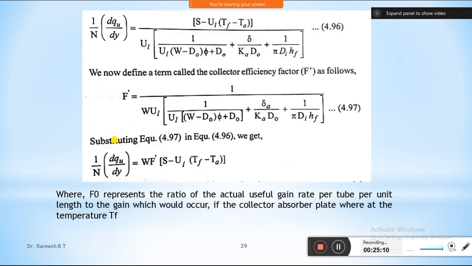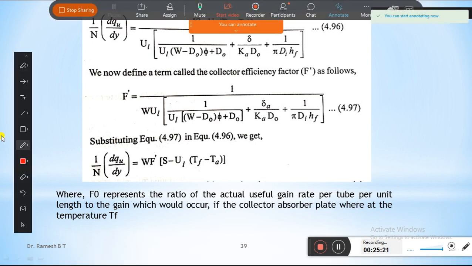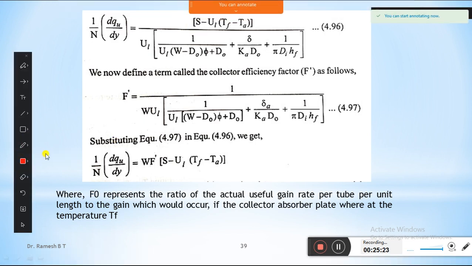Finally, by combining the above equations, we can write the equation, and you just remember this equation.